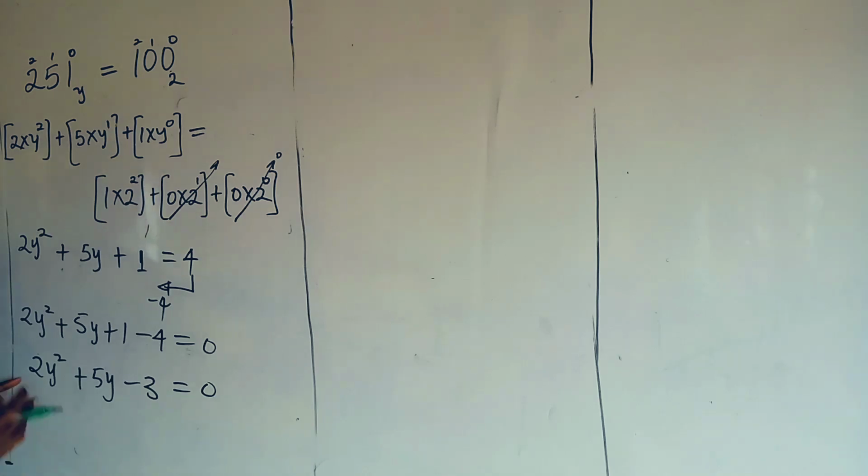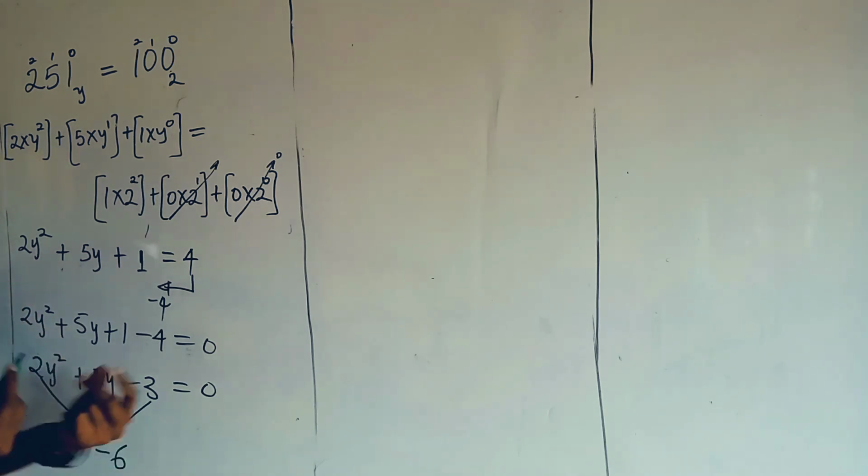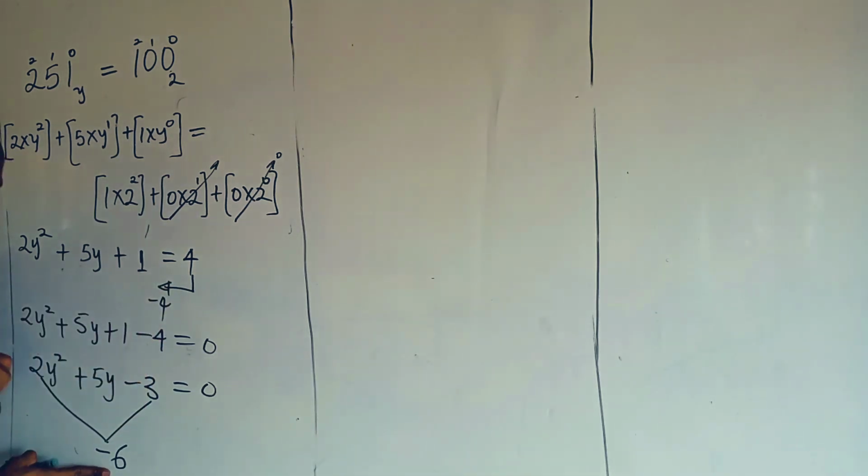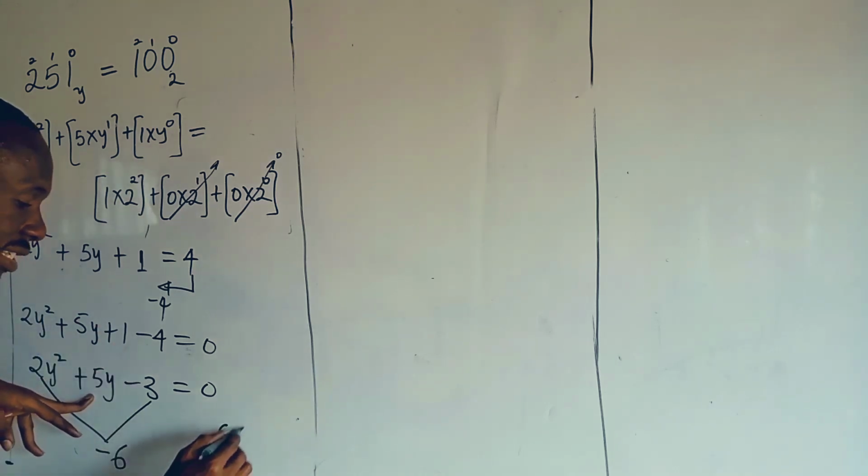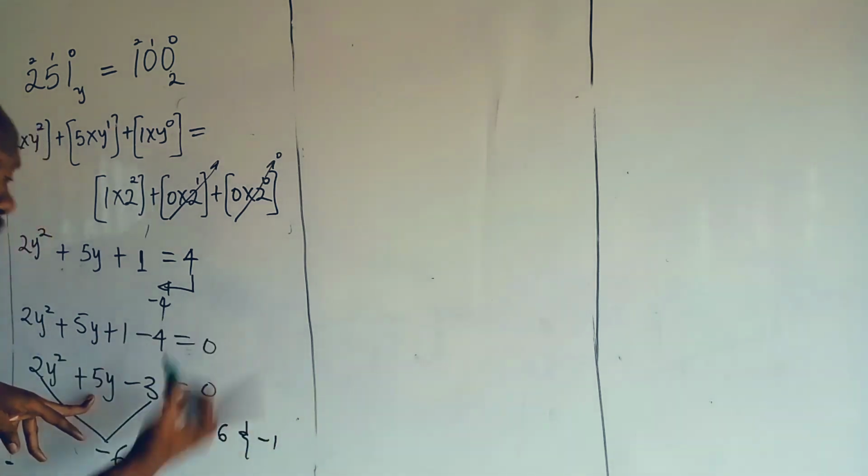Now this equation is quadratic and we are looking for two values such that when you multiply these two values, you get minus 6, and when you add these same values, you get 5. Those two values are 6 and minus 1.